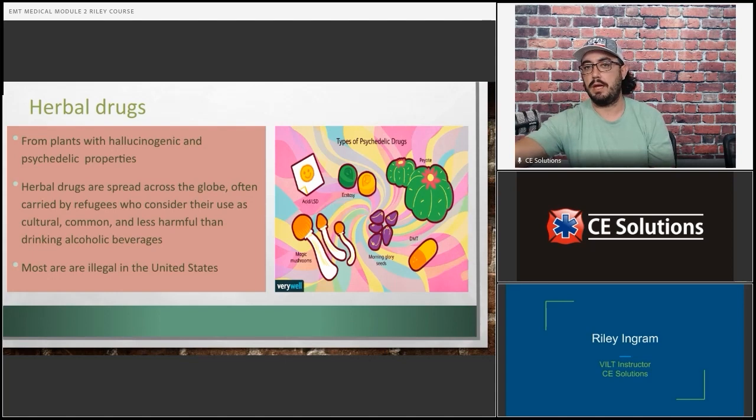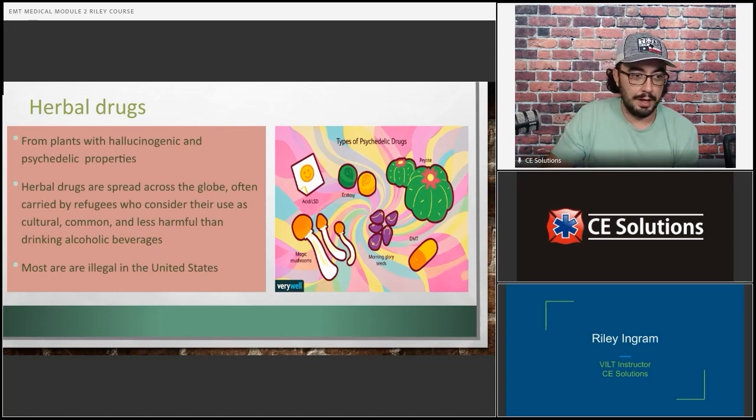Therefore, we need to be educated on what possible things we could see, like cannabinoid hyperemesis syndrome and things like that. But we're not quite there yet, especially for some national registry things on a national level. We need to cover all bases for that.